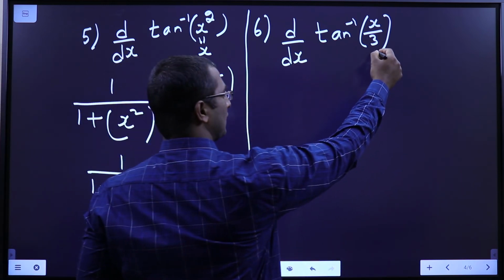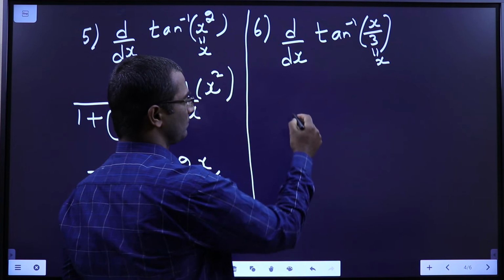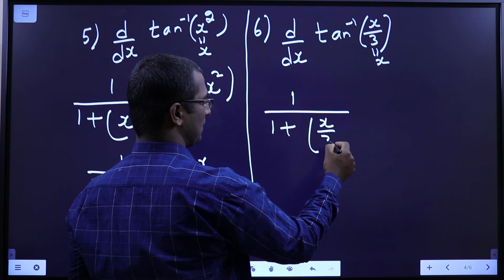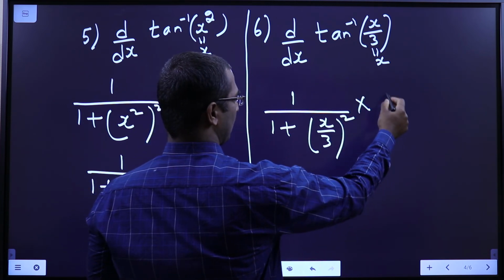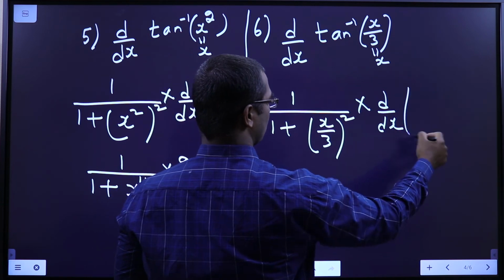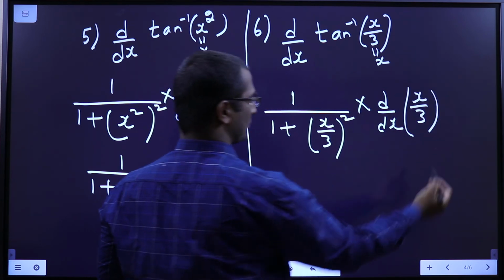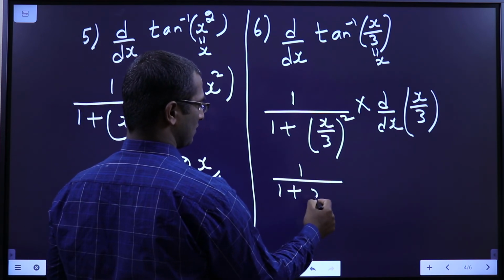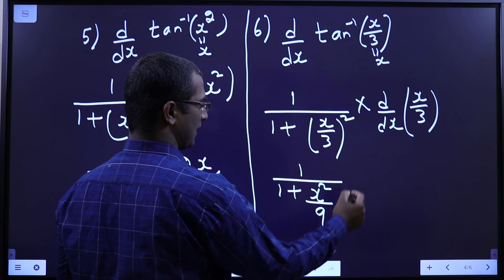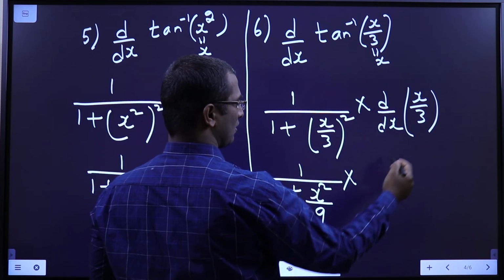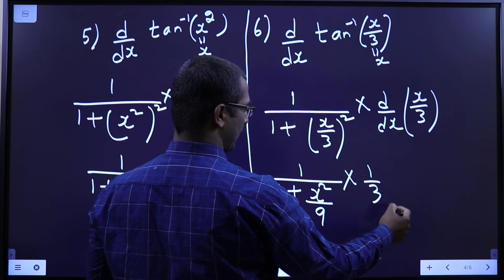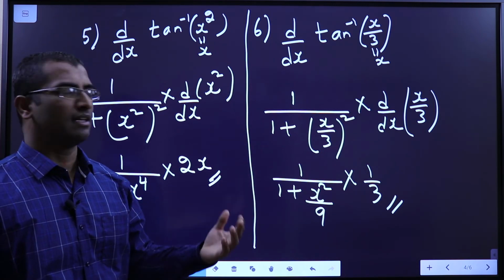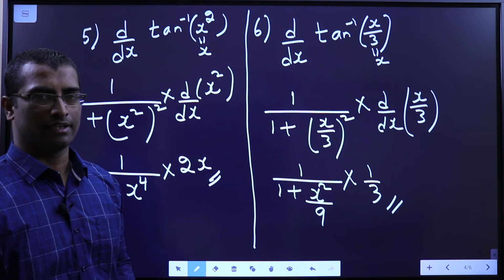This entire x by 3 will be considered as x. So apply the formula 1 by 1 plus x by 3 whole square into d by dx of, in place of x, whatever you have. Okay. So this will become 1 by 1 plus x square by 3 square, which is 9, into d by dx of x by 3. 1 by 3 will come outside, d by dx of x is 1. We don't need to simplify, we are just learning how to apply this formula. Okay. Next.